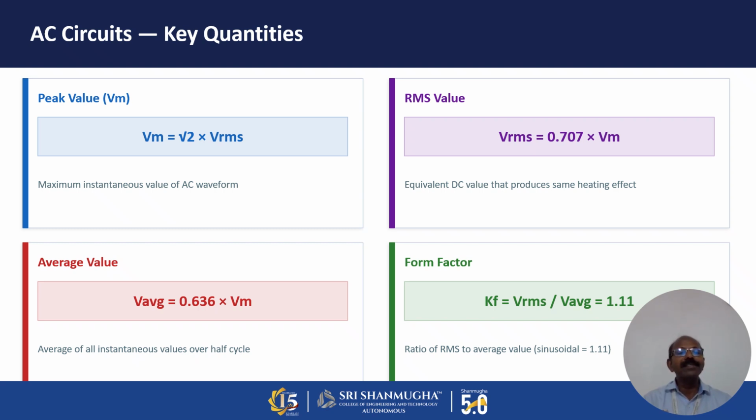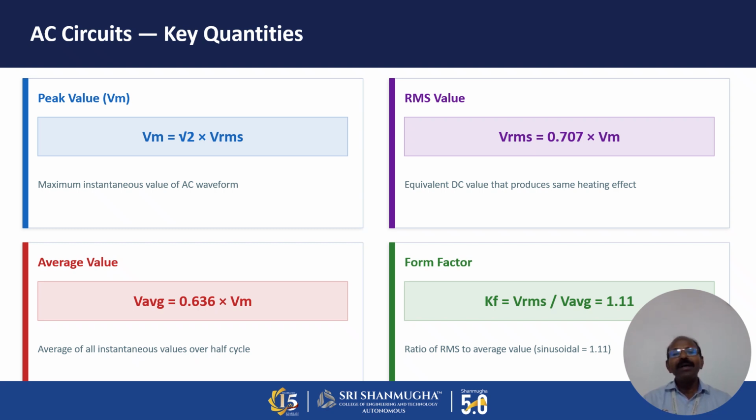It is denoted as Vmax, which is equal to root 2 into Vrms. By using this formula, Vmax is equal to root 2 Vrms, you can calculate the peak value of voltage.